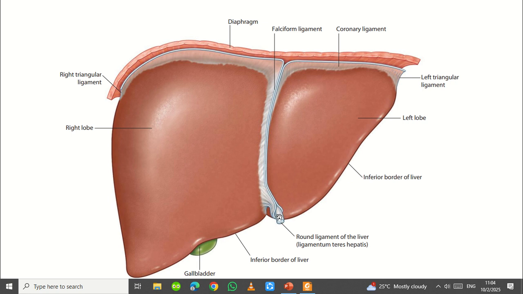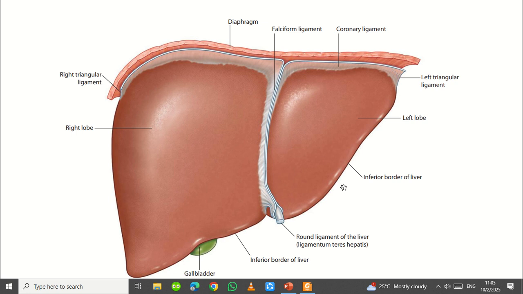And remember, in the free edge of your falciform ligament, that's where you have your ligamentum teres hepatis, or the round ligament of the liver, which is accompanied by your para-umbilical veins, which will be draining into the portal veins.